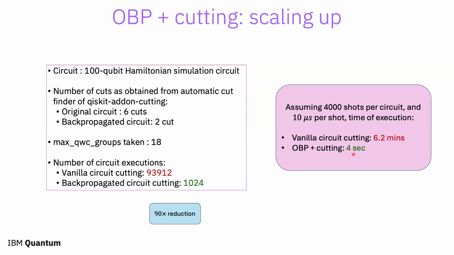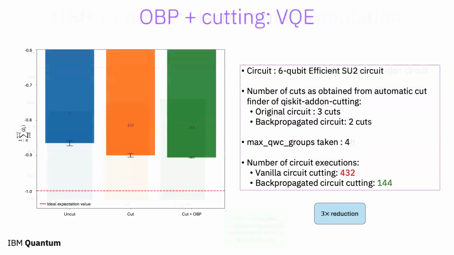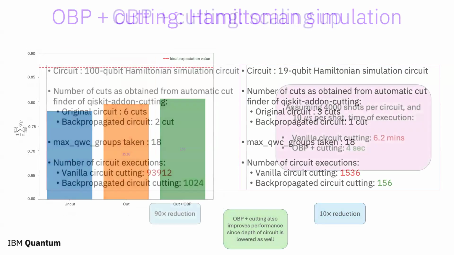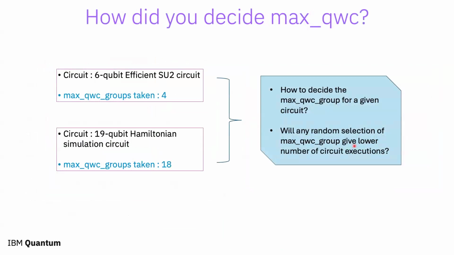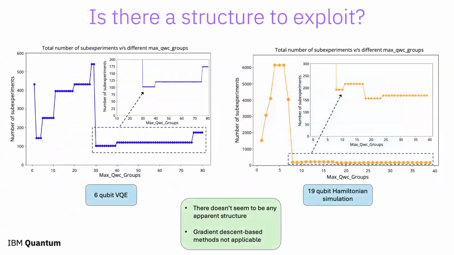Now the question that you can ask here, if you have been watching carefully, is that you took max QWC 4 here, you took 18 here, how did you find 4 and 18? Why not anything else? So let's answer this question first.